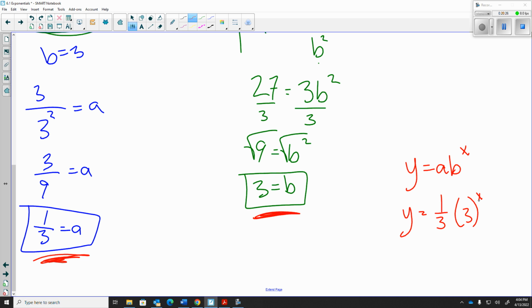Notice how 1/3 is not getting raised to the power, only 3. 3 is b, that's the base. So here's my equation. You might be wondering, Mr. Smith, how come you didn't do plus minus when you took a square root when you were solving for b? Well, that's because in an exponential equation, I don't want negatives in the base, so I only take the positive value.